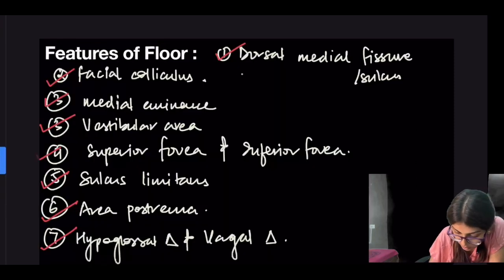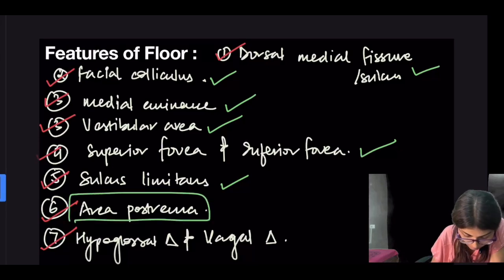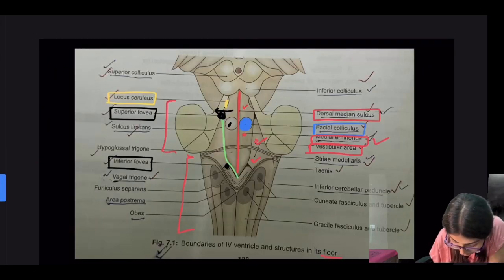So we have discussed the dorsal median sulcus, facial colliculus, medial eminence, vestibular area, superior and inferior fovea, and sulcus limitans. Now we will talk about the area postrema. First, let's see the triangles.